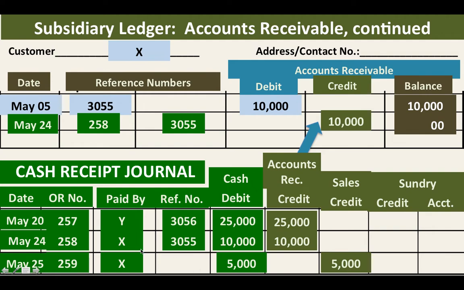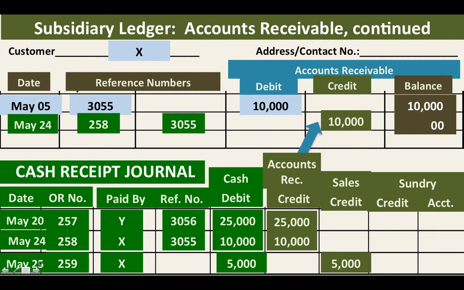However, there's still a transaction from X on May 25. Okay? This transaction of X, titignan natin, is it in regards to accounts receivable? Hindi. Kaya hindi natin siya i-record dito, kasi hindi naman siya accounts receivable. Ang nire-record lang natin sa subsidiary ledger is a transaction with regards to accounts receivable.